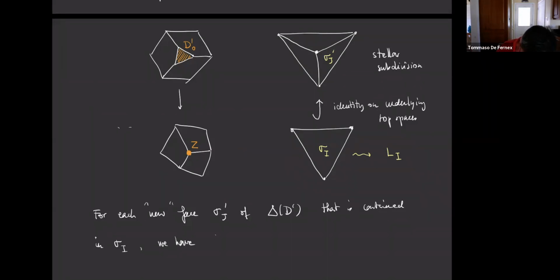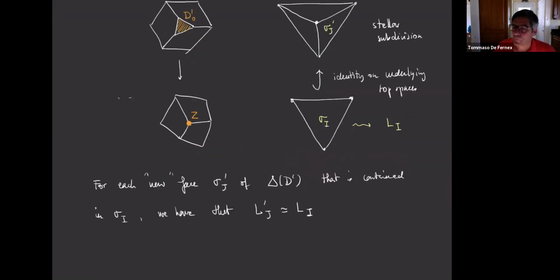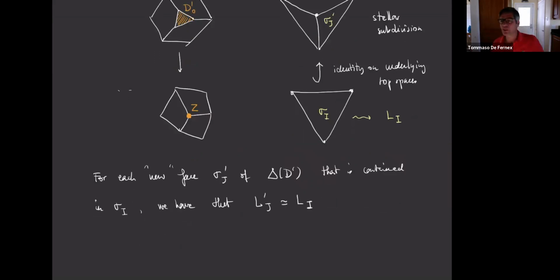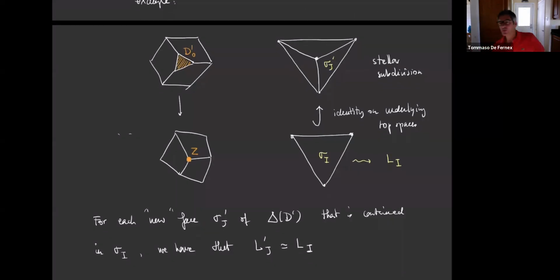We have that the corresponding L prime J is actually isomorphic to Li.